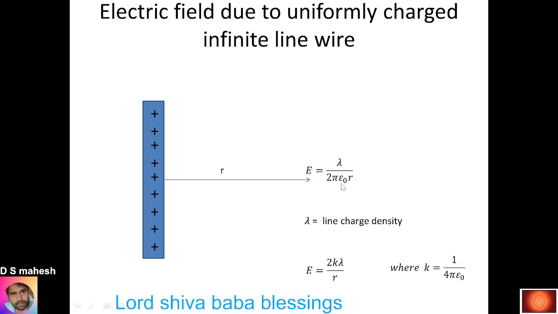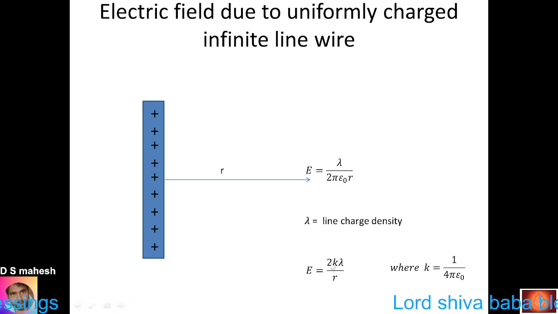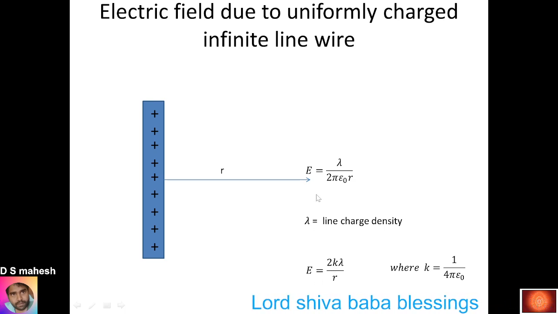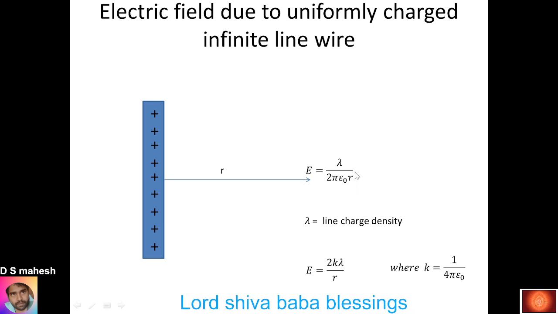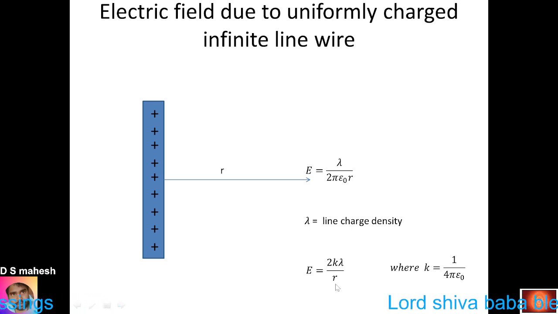Whereas here we need to substitute 8.854 into 10 to the power of minus 12 for epsilon naught. So it would be difficult while calculating manually. So I included the k value and altered the equation in such a way that it would be easier for solving manually. So it is E is equal to 2k lambda by r.